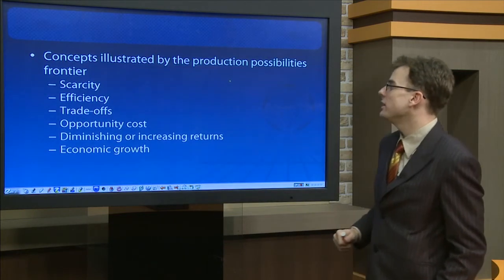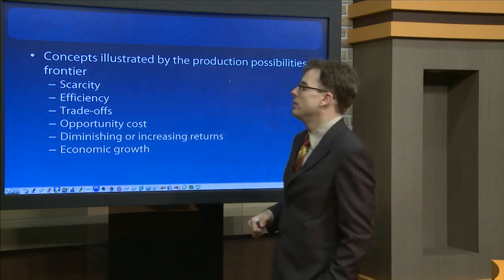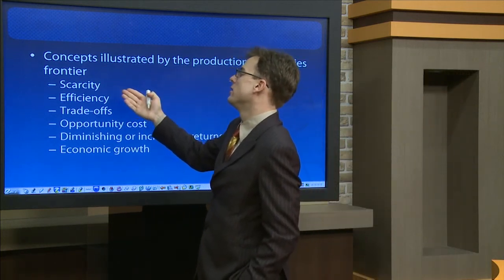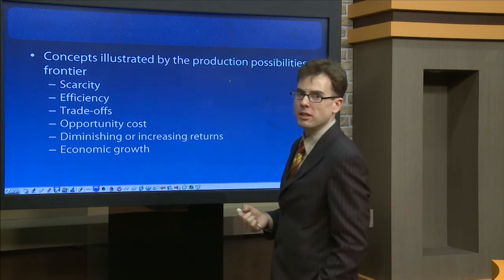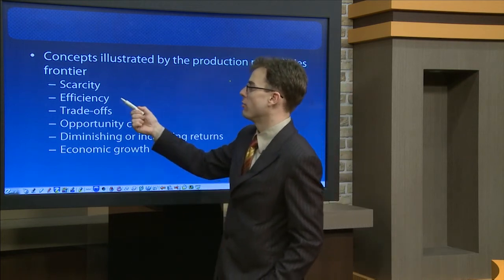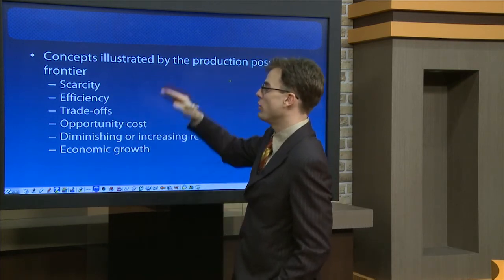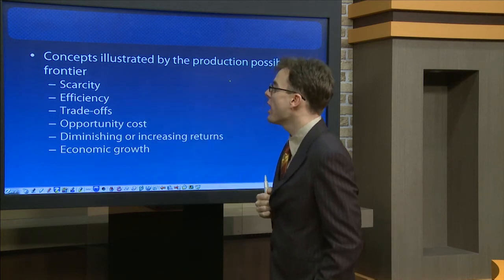So to summarize, the production possibilities frontier shows us nicely the effects of scarcity of inputs of production. It shows us the concept of efficiency. We know which production bundles are efficient, which bundles are not efficient.